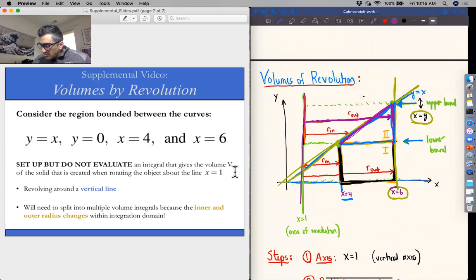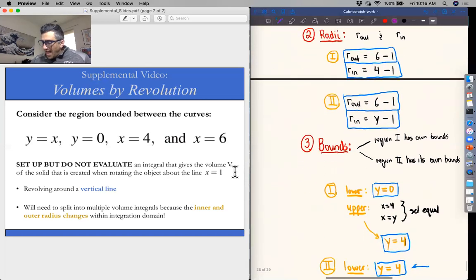So in this case, it's associated with that x equals 6, whereas the inner radius is associated with that closer function, which in this case was our function y equals x or x equals y. So let's plug those values in. We had for region 2, the outer radius was 6 minus 1, and the inner radius was y minus 1.